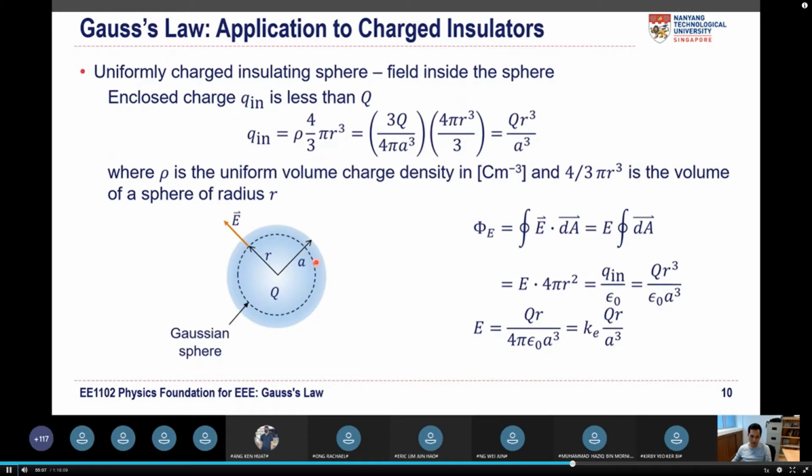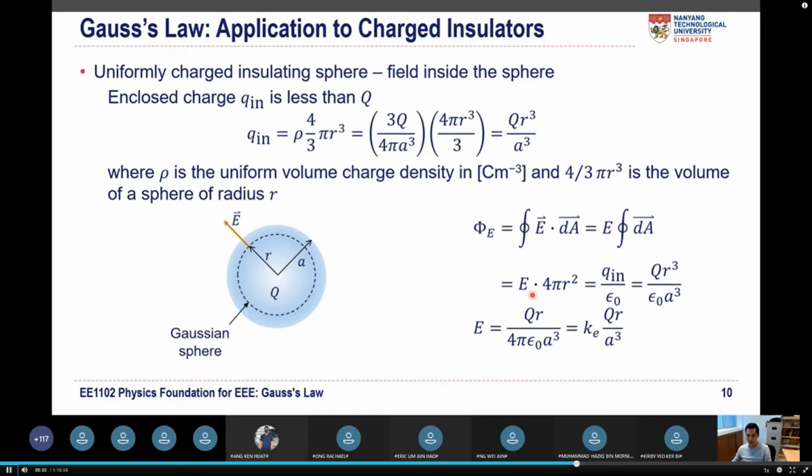The electric field on the surface of the Gaussian sphere is always going to be the same, and it's also always going to be perpendicular to the little, infinitesimally small patches of surface there. The electric field direction and the patch are always perpendicular to each other, so we can do a simple multiplication like that.